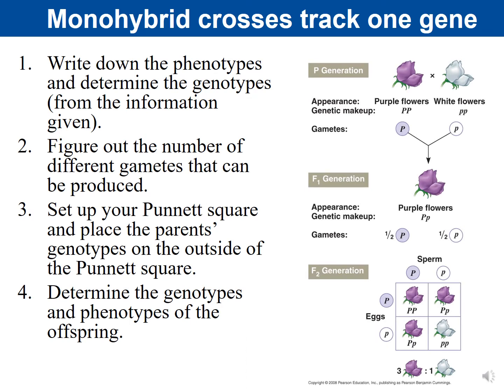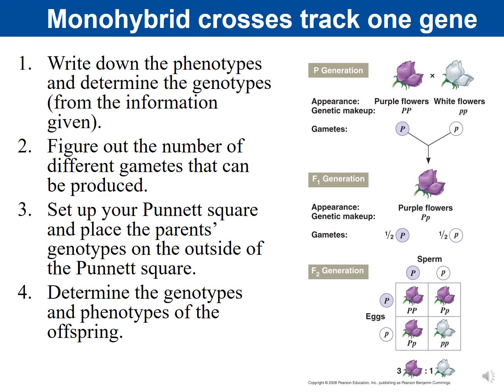So if we are tracking one trait, we call this a monohybrid cross. So we're looking at one gene. Because it's the same gene, it's written with the same letter and given either an uppercase or a lowercase, depending on if it is dominant or recessive.